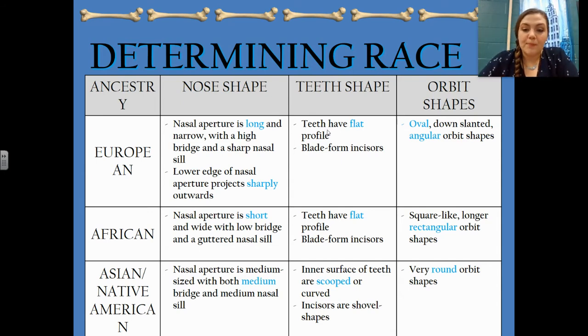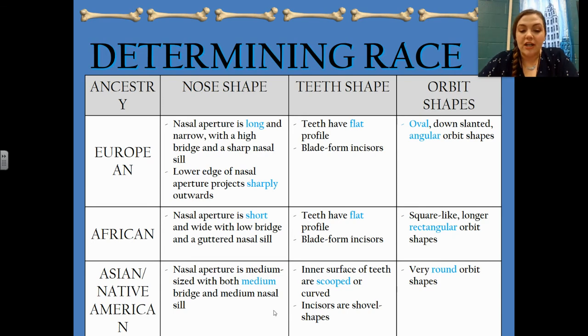And then for teeth shape, so we're back to European. Teeth have a flat profile, blade form incisors. So we have sharper incisors for European descent, and teeth have a flat profile. I'll show you pictures. It's hard to visualize, but the way they look inside, they're flatter. Now for African descent, teeth have a flat profile as well, and blade form incisors, so that's the same.